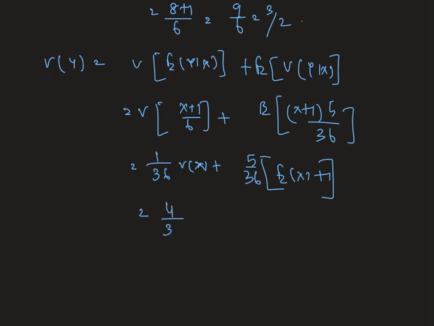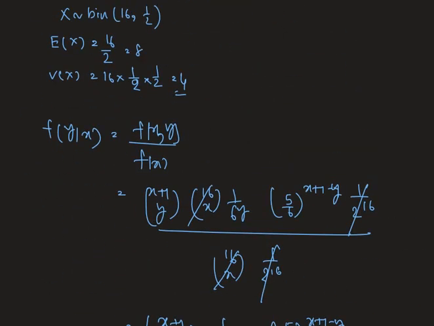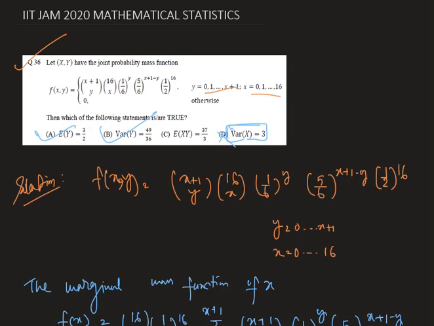Now this reduces to 4 by 36 plus 5 by 36 into 8 plus 1. Hence we get 1 by 9 plus 5 by 4, which reduces to 4 plus 45 divided by 36. This is nothing but 49 by 36. Hence option B is also correct.